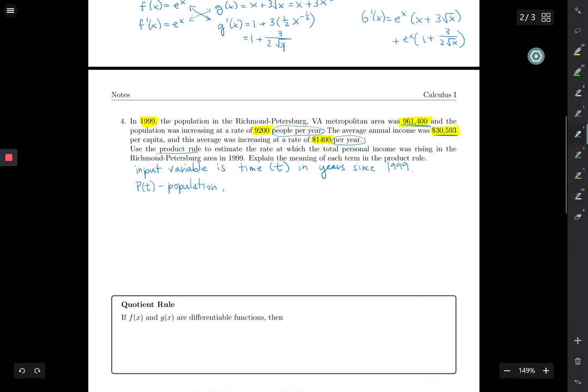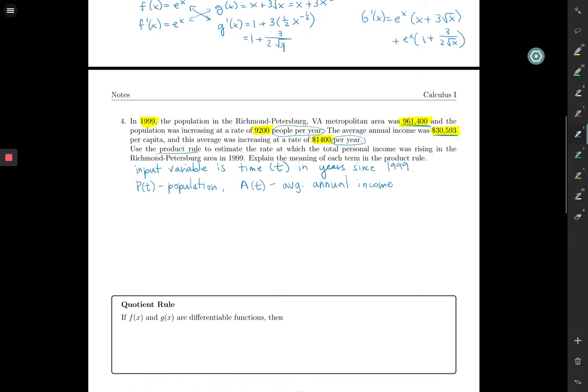And then we are also given the average annual income. So we'll use A for that. This will be the average annual income. Okay.